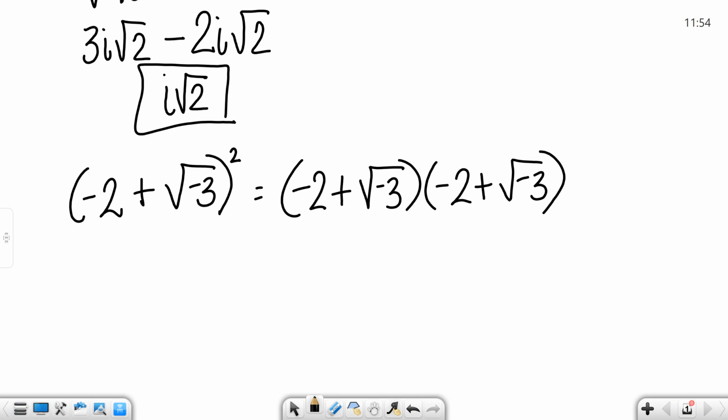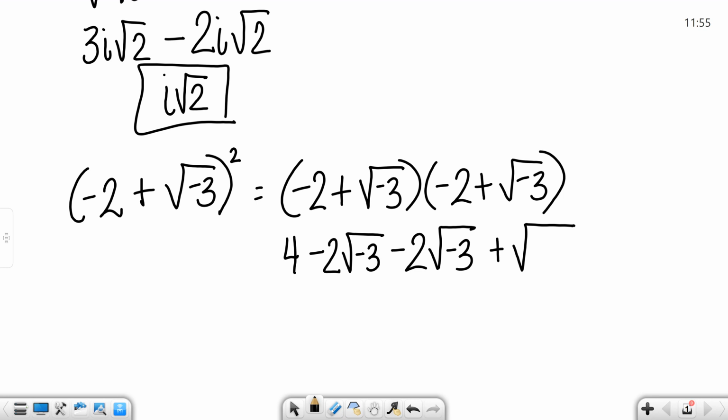Negative 2 times negative 2 is positive 4. Negative 2 on the square root of negative 3. Negative 2 on the square root of negative 3. And plus, when you multiply these two, you end up with the square root of 9.